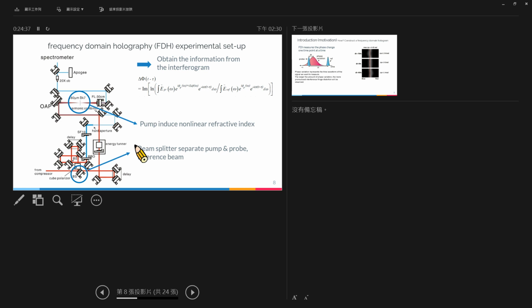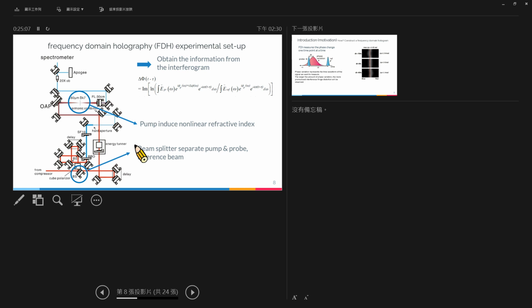What's the delta T? I think it just means the delay. What's the time scale? Maybe it would be femtoseconds. In my design, it would be over 400 femtoseconds.